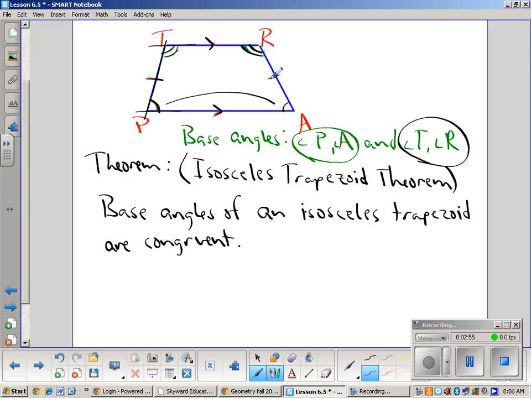So then, because we could make triangles and prove these angles congruent anyway, there's a theorem. Remember, theorem means a statement we can prove to be true. There's a theorem that just says, hey, because it's an isosceles trapezoid, these base angles have to be congruent. Okay? So that's one of the things you need to remember about isosceles trapezoids. Not true about all trapezoids, just isosceles trapezoids.